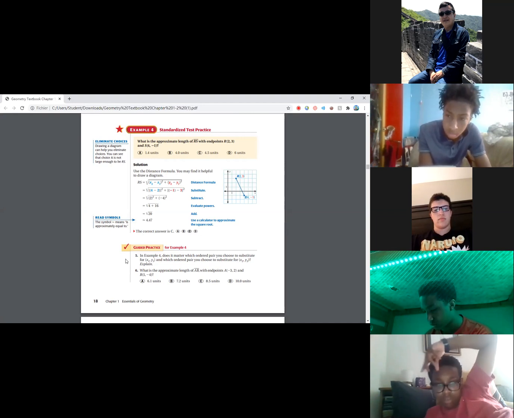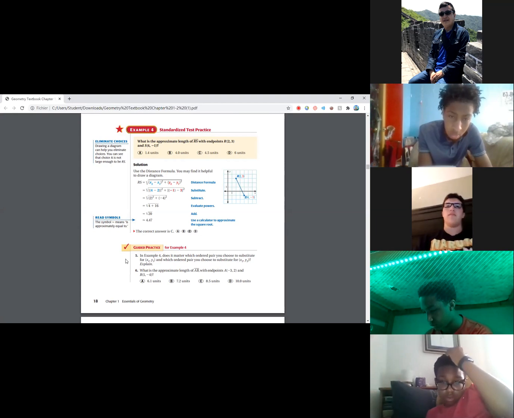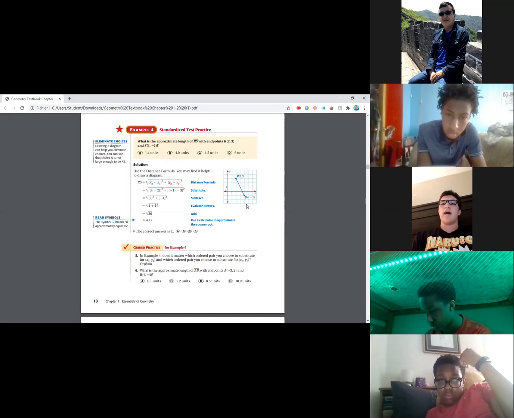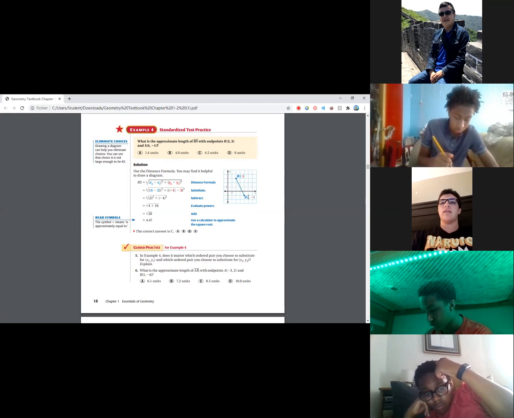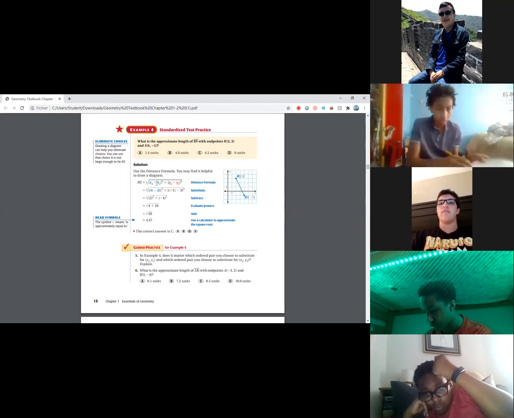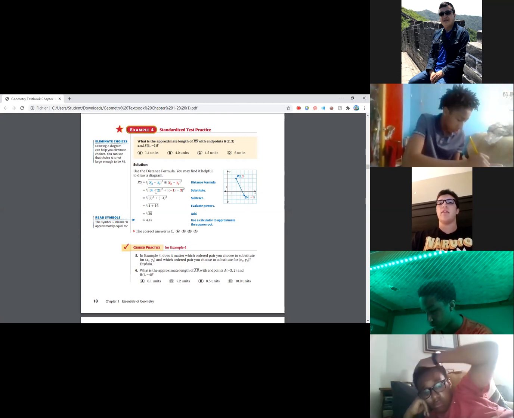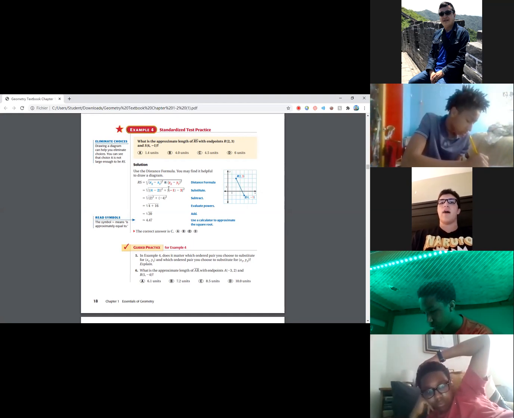I'm confused on the question. So, for example, if we use RS from the last problem, it's asking, does it matter if instead, for this example, someone plugged in x2 is 4 and y2 is -1.